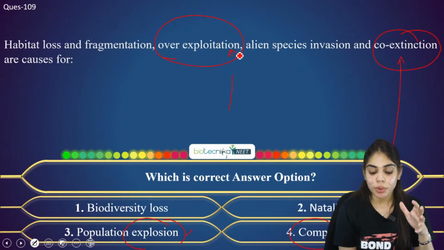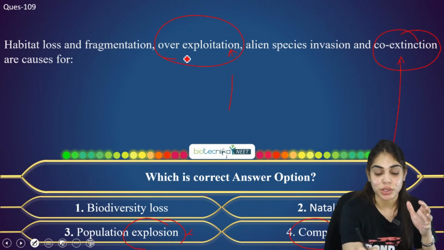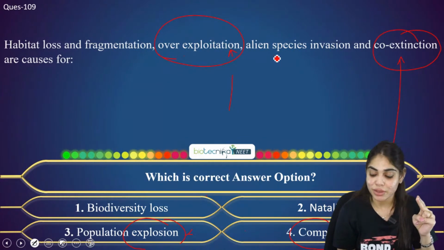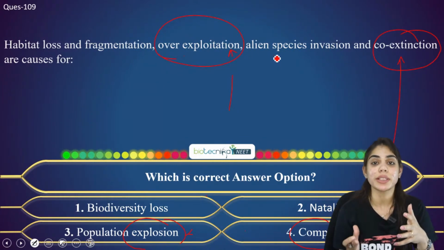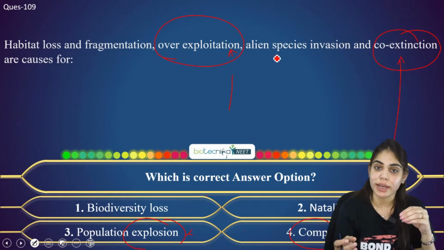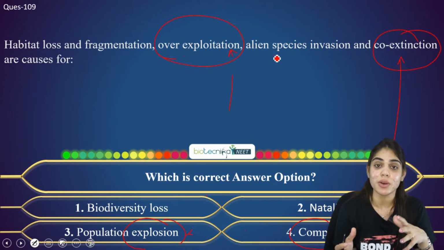Now we are left with two options, biodiversity loss and natality. We all know that natality is birth, meaning more individuals are added to a community because of birth.